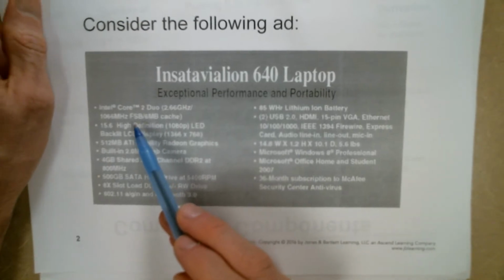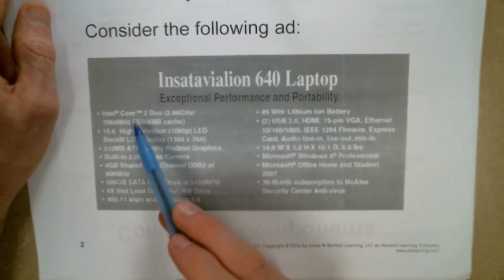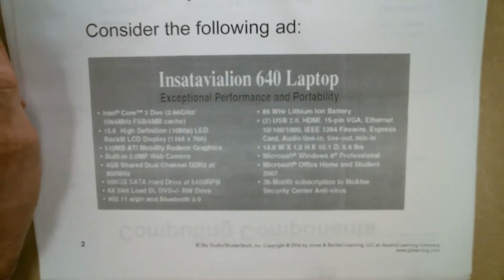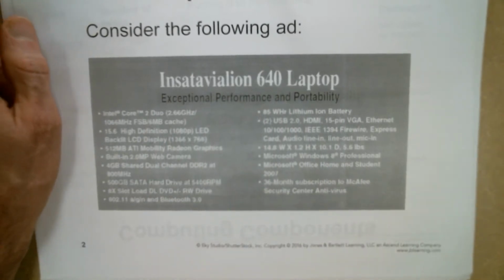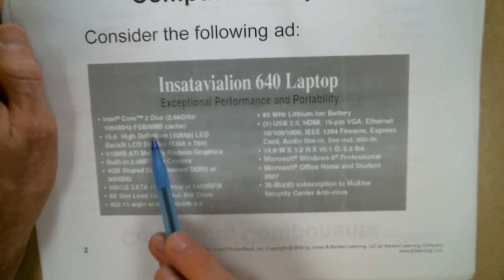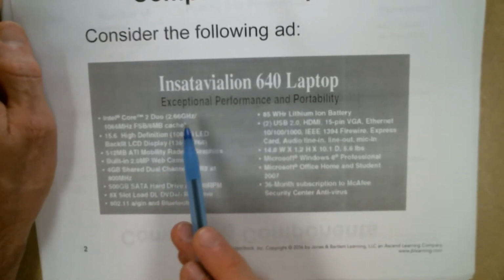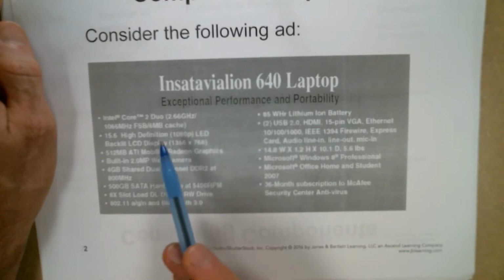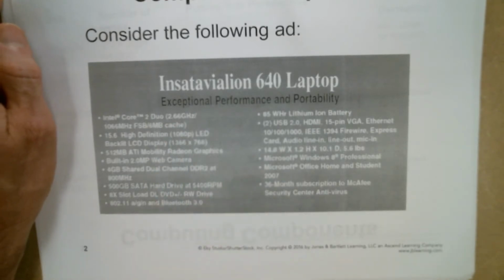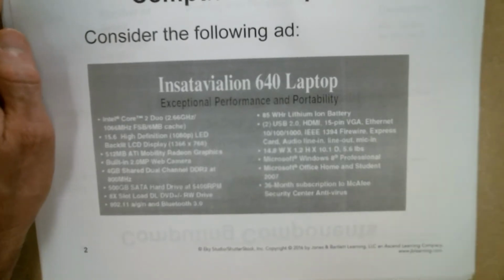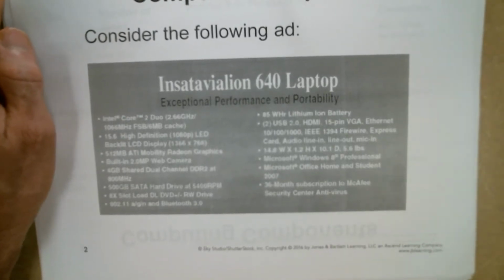FSB is the front side bus, which sends information from memory and input-output devices to the processor. The 6 megabytes of cache is internal memory built into the processor, so it's really quick, and it's used to accelerate the speed at which the processor can do things by having easy access to a limited amount of memory.